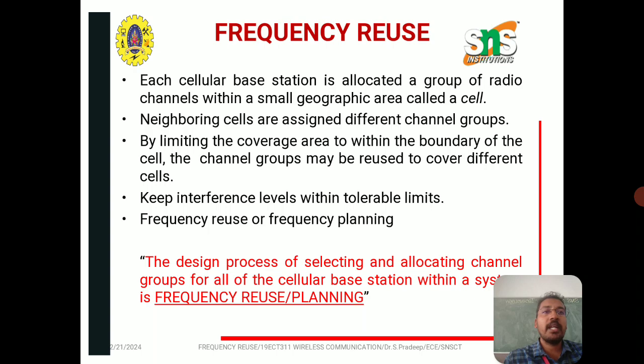By limiting the coverage area to within the boundary of the cell, the channel groups may be reused to cover different cells, which keeps interference levels within tolerable limits. Frequency reuse, or frequency planning, is the design process of selecting and allocating channel groups for all the cellular base stations within a system.